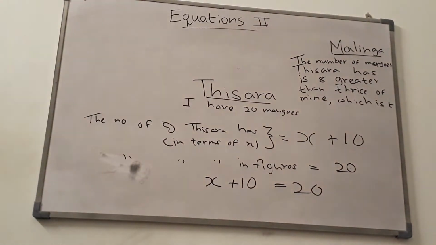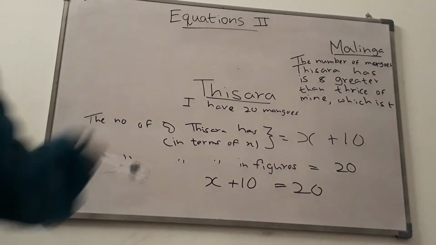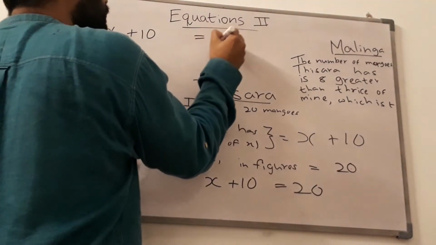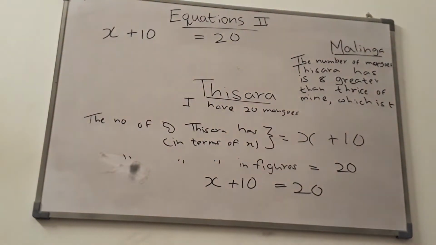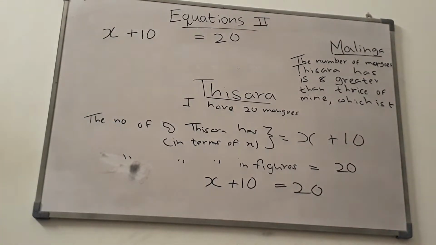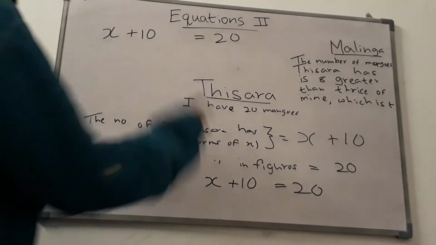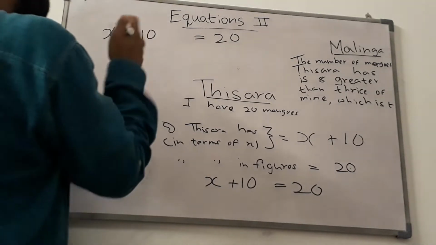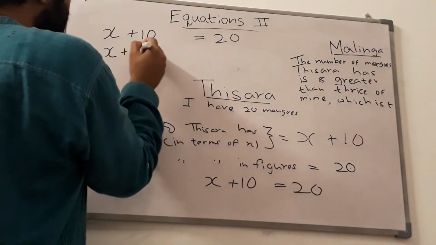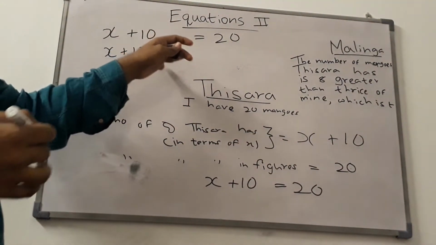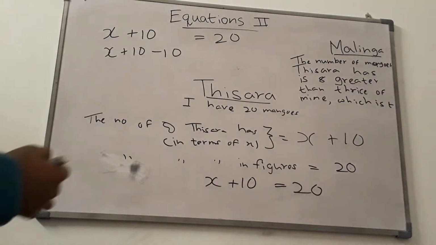So X plus 10 is equal to 20, and I want to make X the subject. So what shall we do? Now 10 is the hindrance, so we want to remove 10. To remove 10, we can subtract 10.